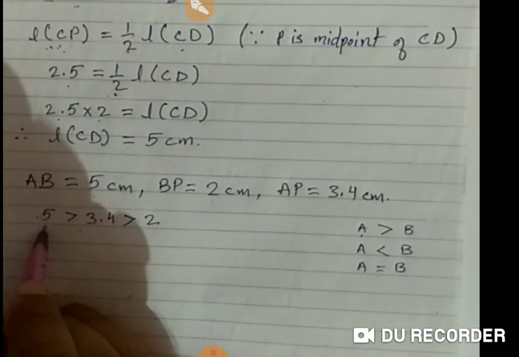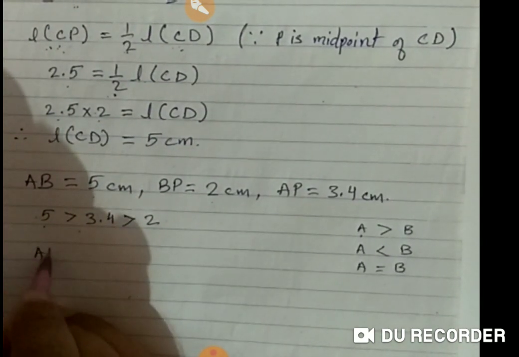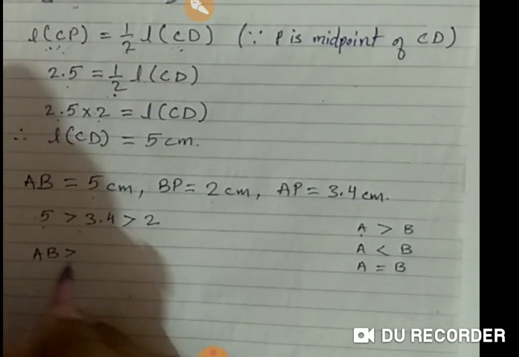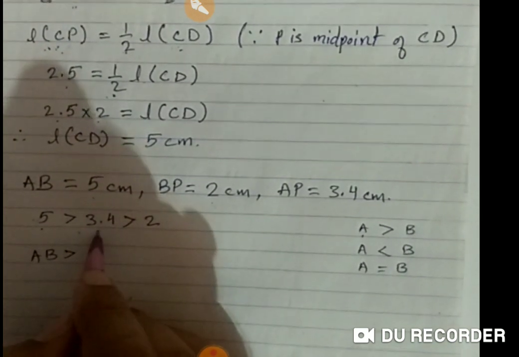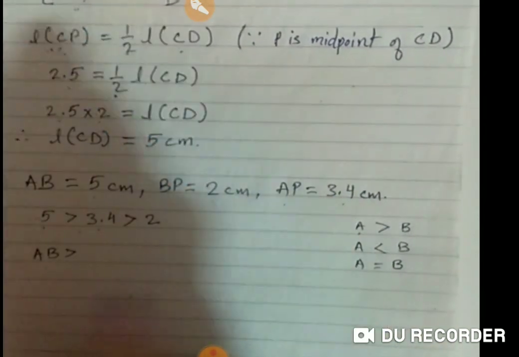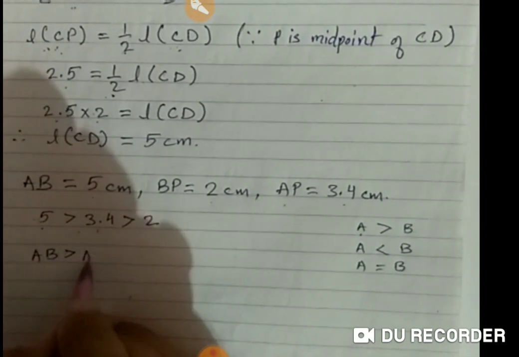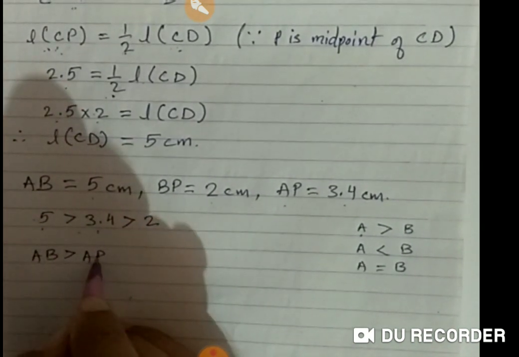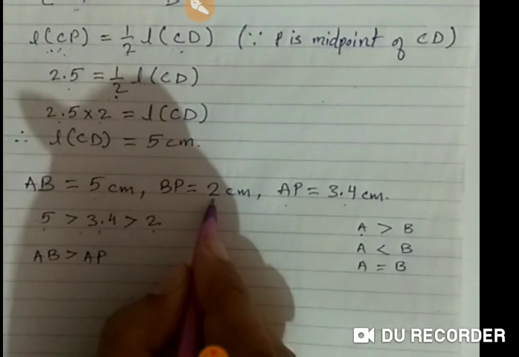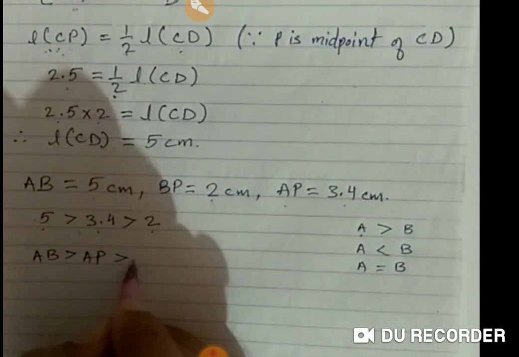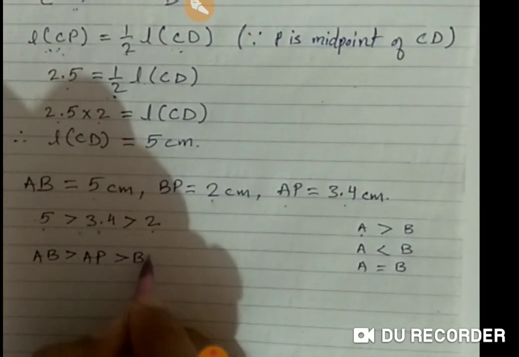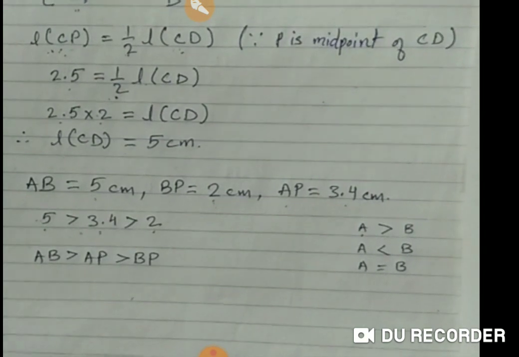So 5 stands for AB, which is greater than 3.4. 3.4 is AP, so instead of 3.4, here you can take AP. Again, 2 stands for BP, so here you will take BP. So this is your comparison.